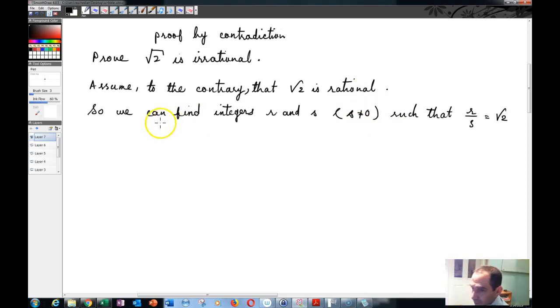Now we can safely assume or suppose that r and s have a common factor.